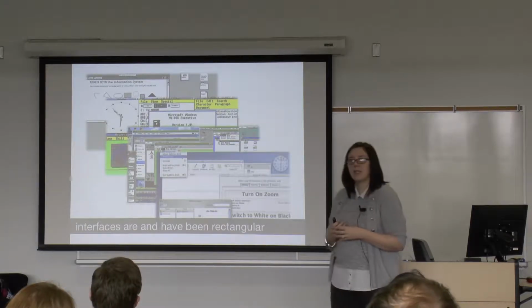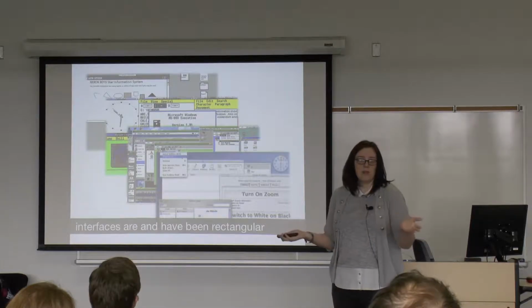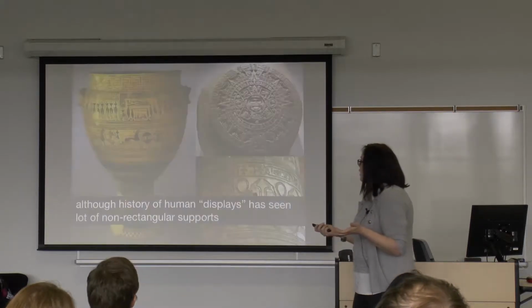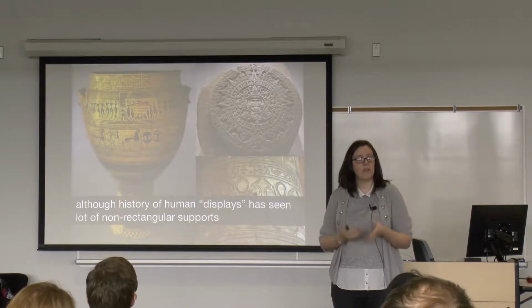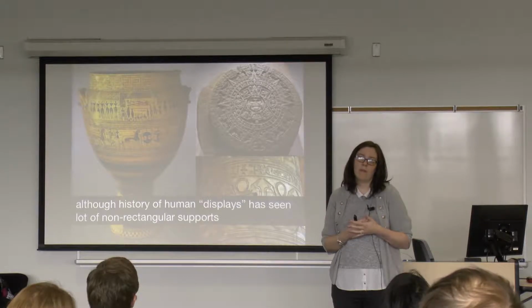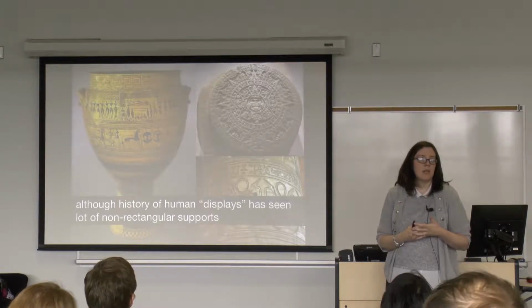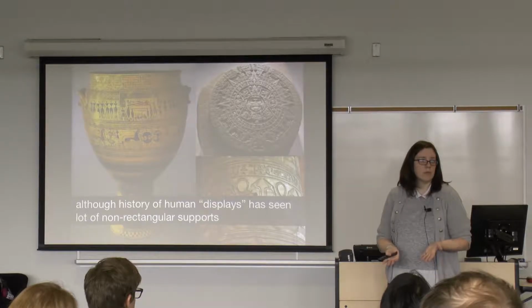If you think about it, interfaces are rectangular, on your desktop or on your phone. It has been rectangular for a long time. It's quite surprising because before the computer, we used to have lots of different forms of displays, for example, in faces, and I think some drawings from the Middle Ages were done on ovals.